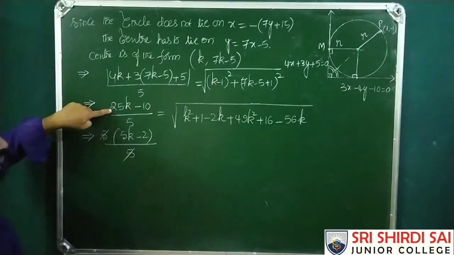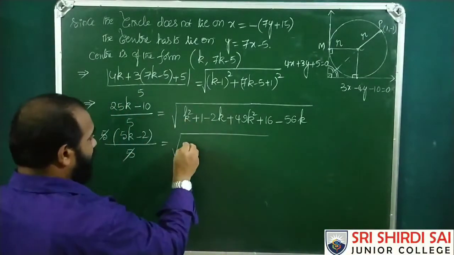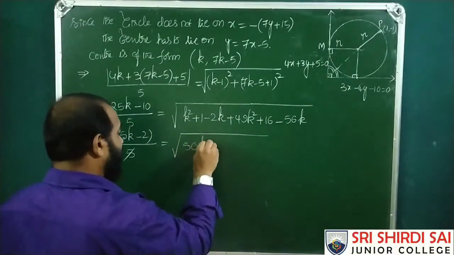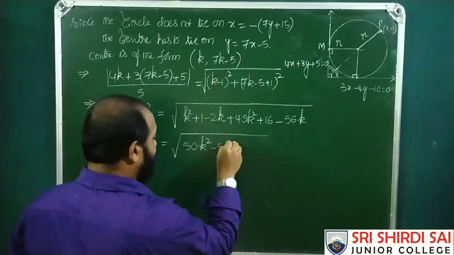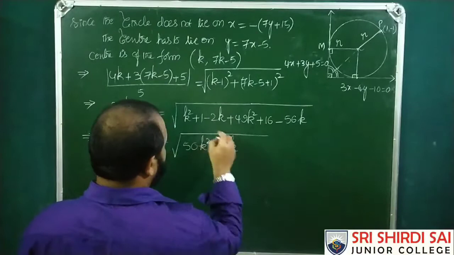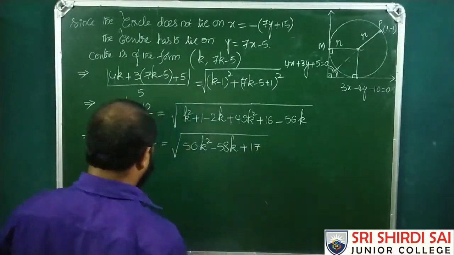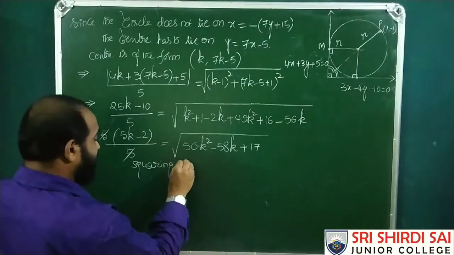So 5 gets cancelled. Square root of 49k square plus k square, 50k square. Next minus 56 minus 2, minus 58k. So 16 plus 1, 17. Again squaring on both sides.